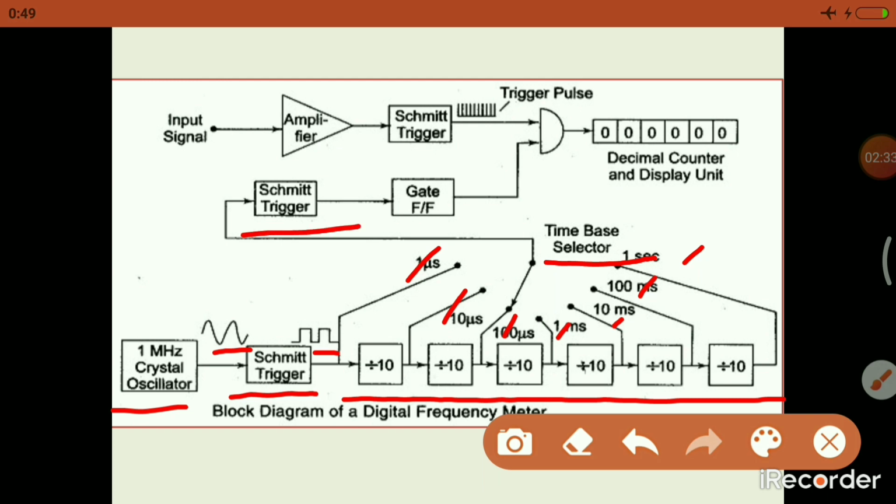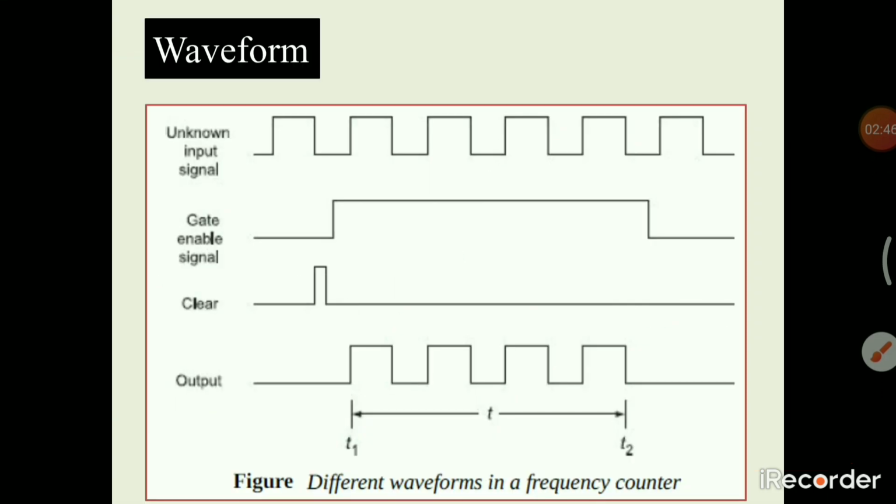Then the Schmitt trigger is used for the square waveform. Gate flip-flop circuit: what is the function of the gate flip-flop circuit? Let's say a reference signal. We know that frequency means the number of cycles completed in 1 second.